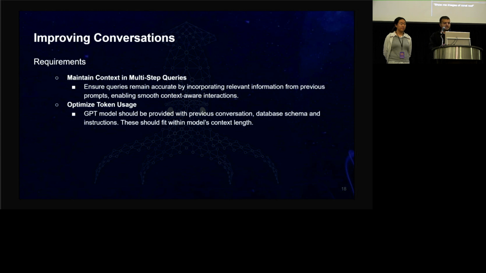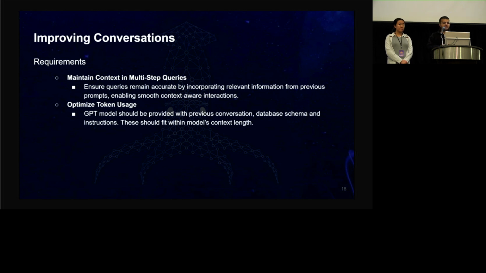So once we get a response correct for a single prompt, we want the system to handle conversation. The requirement for the system is that it should be able to understand the context, what the user said before, what result they got before, and it should also be able to handle the tokens and use them in an effective way.